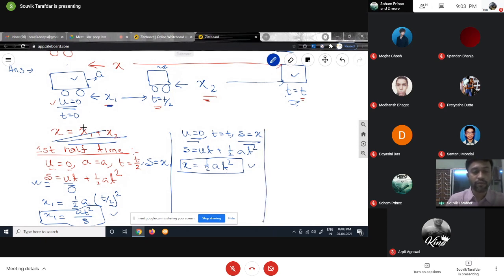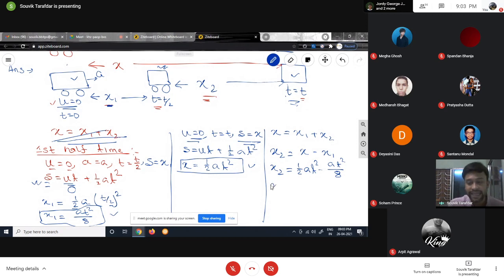Now, we know that x is equal to x1 plus x2, isn't it, students? So if we know x and x1 both, then x2 is equal to x minus x1. Now let's put the values of x and x1, and we will get the value of x2. Here x is equal to half a t square, x1 is equal to a t square by 8.